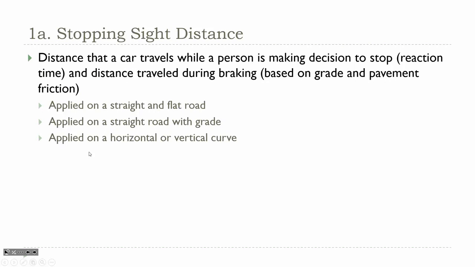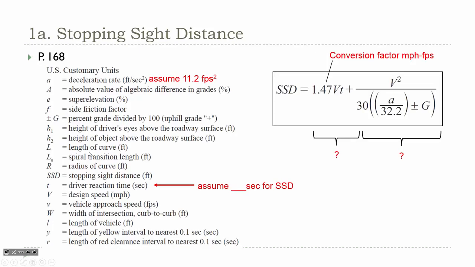So stopping sight distance is the distance that the car travels while a person is making a decision to stop. We have the two components: the reaction time component, and then after they hit the brakes, the distance that they traveled during braking. That's more based on the grade and the pavement friction. This is the equation on the right that's given in the FE book, and it's the same format of the equation we used in 342.